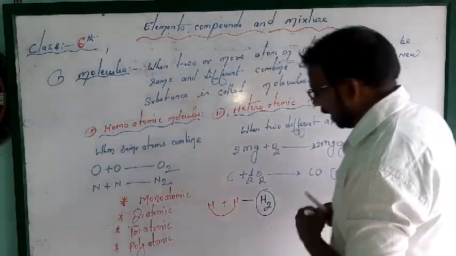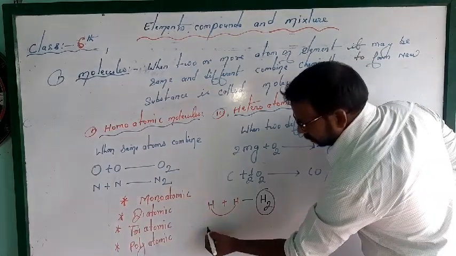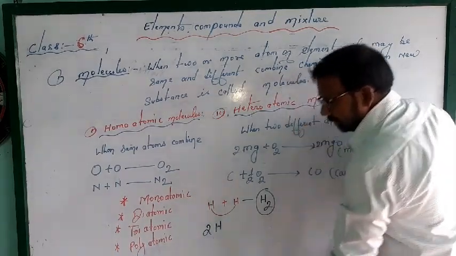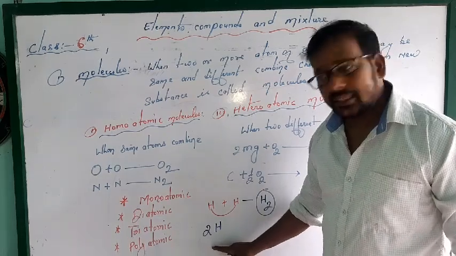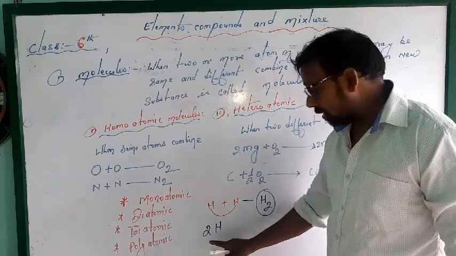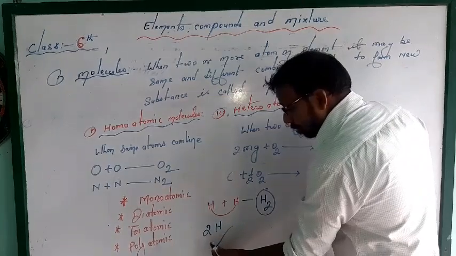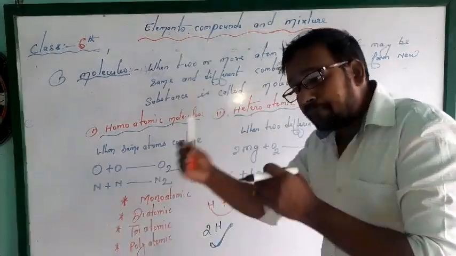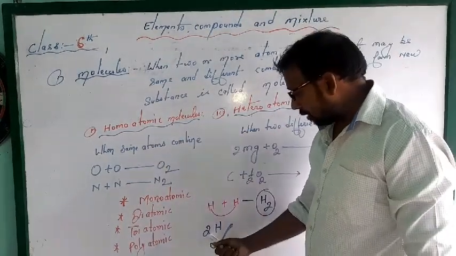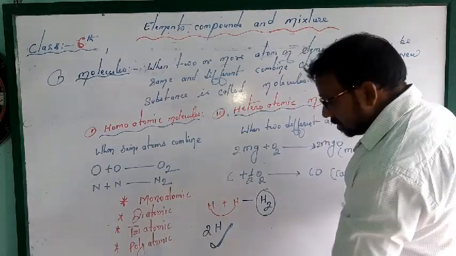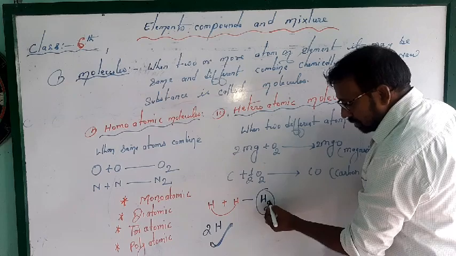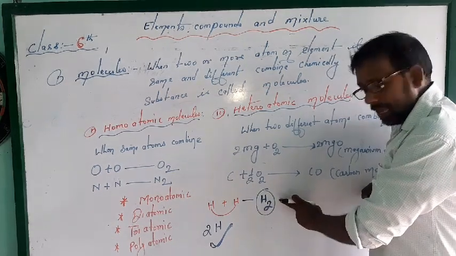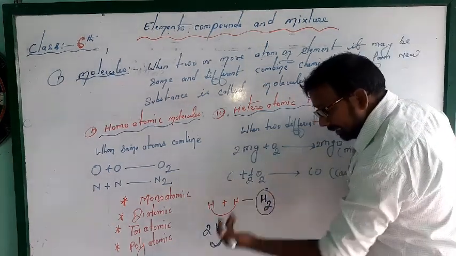Here suppose I write 2H. 2H means there are two atoms. They are not combined. Sorry, it is not a molecule. It is an atom, because it is present in separate form. They have not combined with each other. Once they combine with each other, they produce H2, and H2 is a molecule, while 2H indicates atoms.